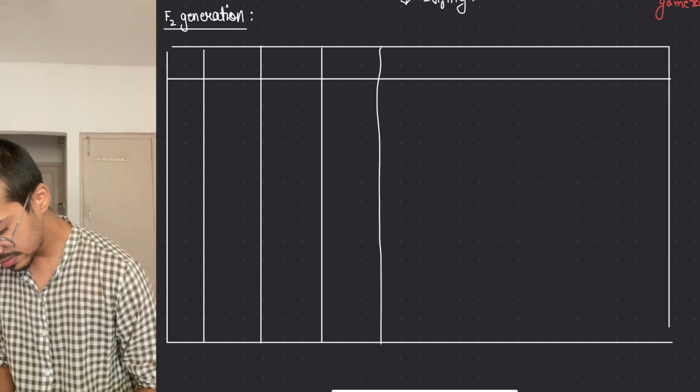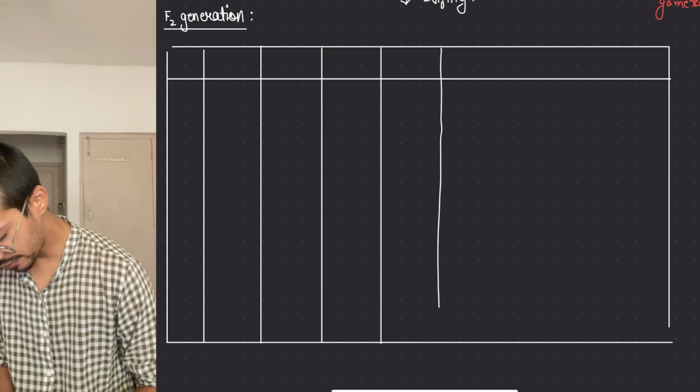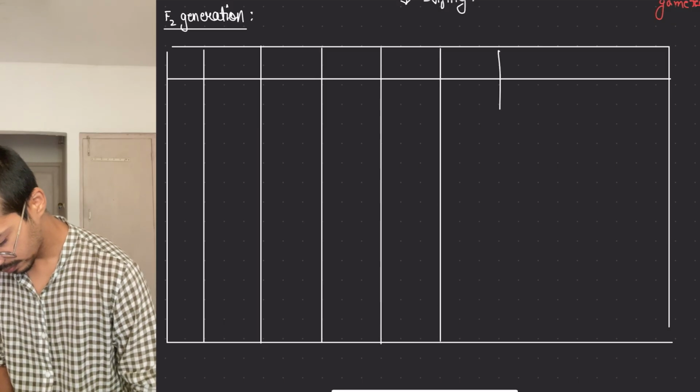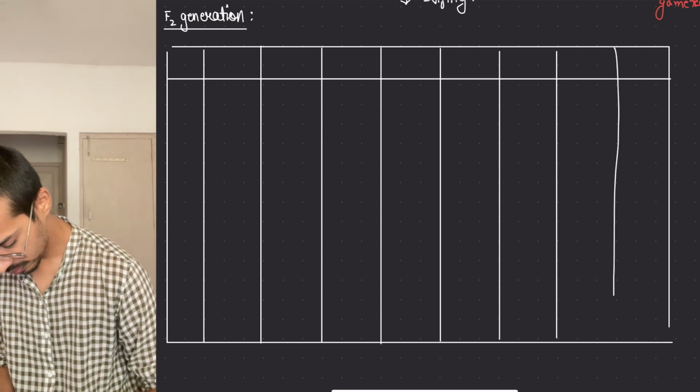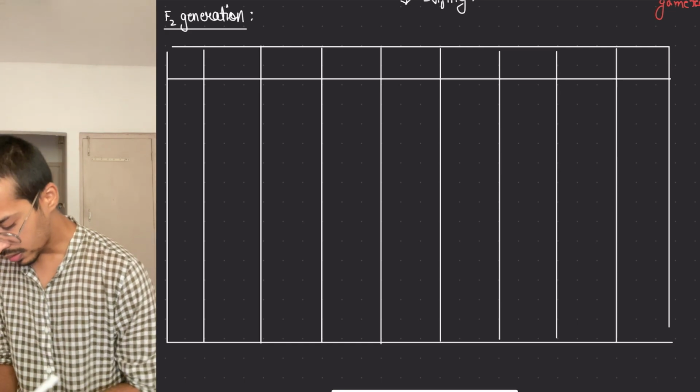So 8 gametes means we have to make 8 rows and 8 columns. Same here.